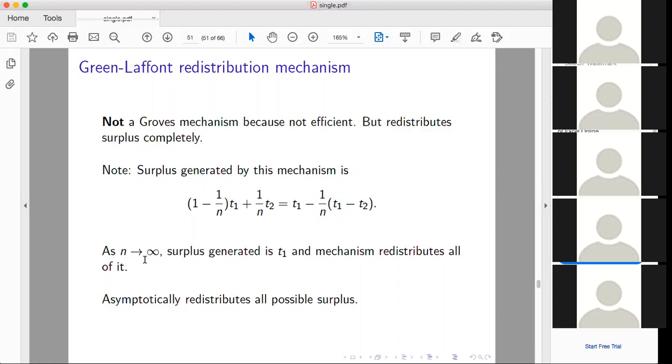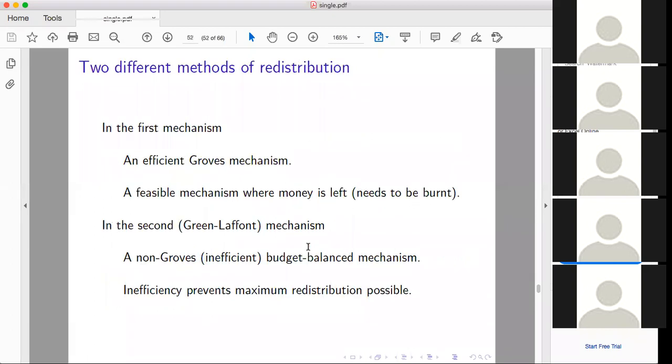And again, as you see, when n tends to infinity, this expression tends to t1. So in some sense, this mechanism also asymptotically redistributes all possible surplus. Okay. But the nature of distribution in both the mechanisms is quite different.